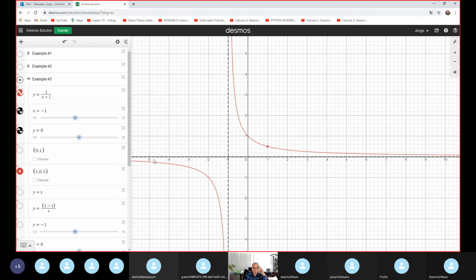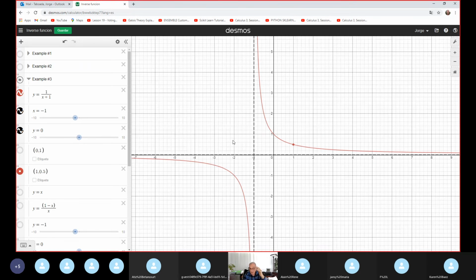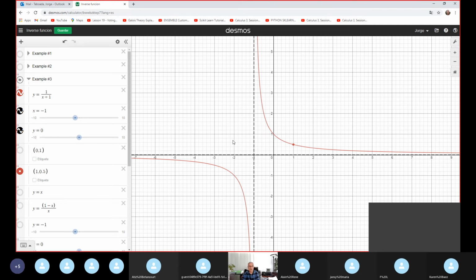I put the original. This is the original. Do you see Desmos now? Yes or no? Please. Come on. Yes. Okay. I do only in red color the original. You can see clear like water the vertical asymptote at -1 and the horizontal asymptote at y = 0.